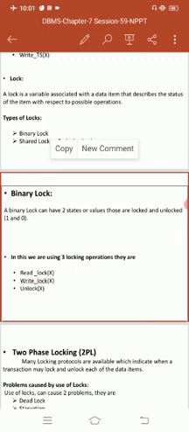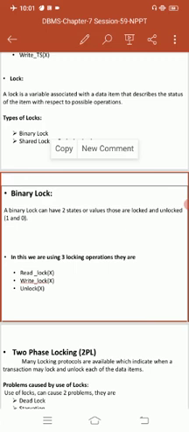If a lock is acquired on a data item to perform a write operation, it is an exclusive lock.